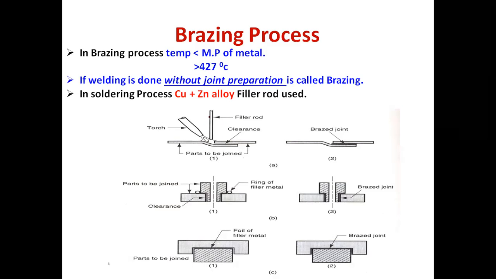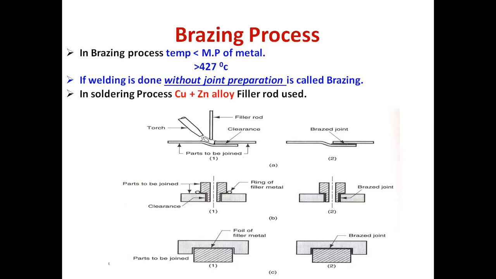The filler is applied separately in the form of filler rod or wire. The joining parts are first to be cleaned and the flux is applied before the brazing. So this is what is required in brazing processes.